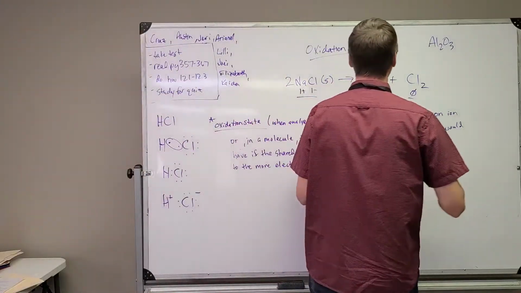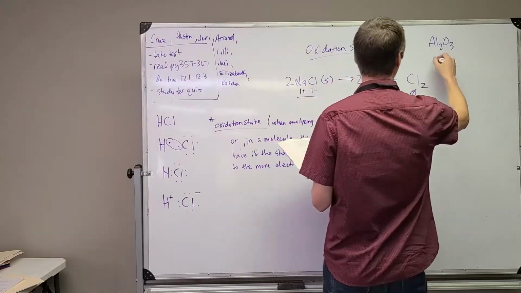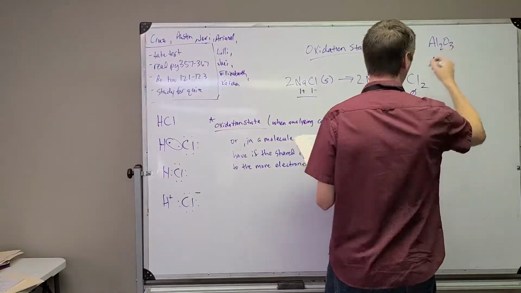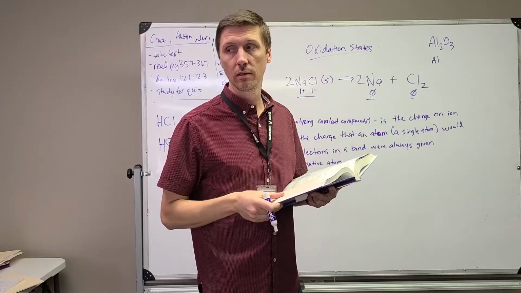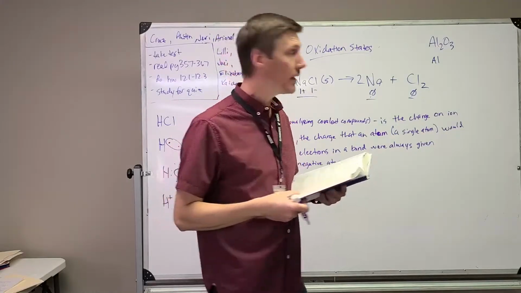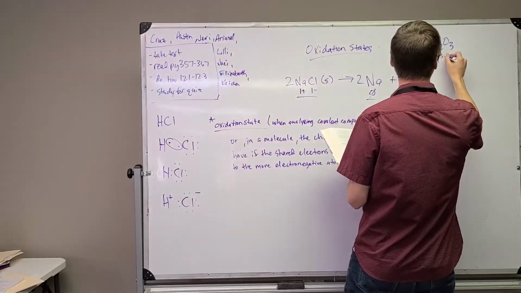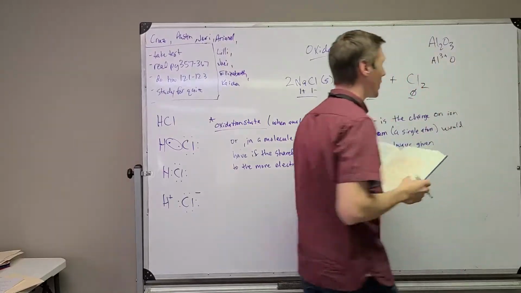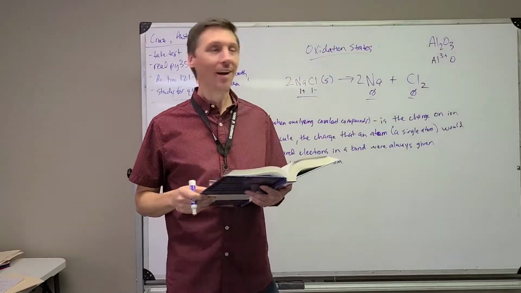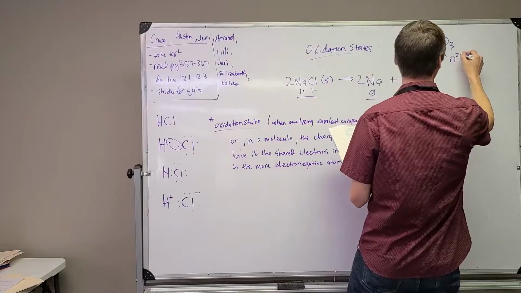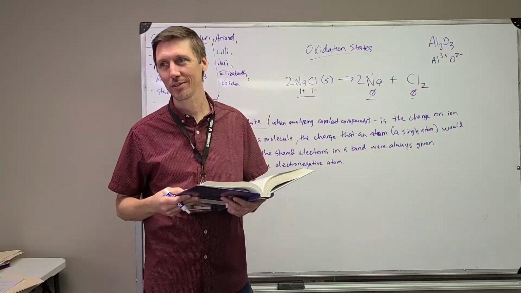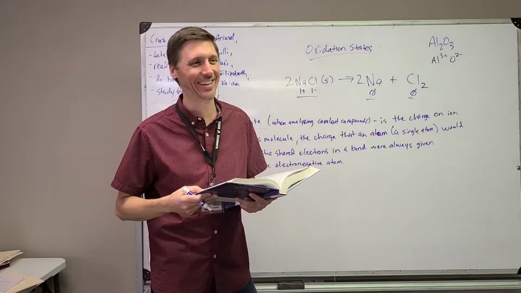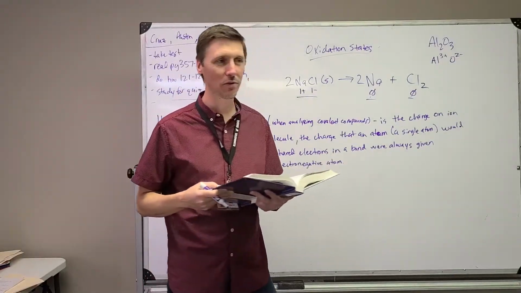Okay. So Al is in column 3A. Is that correct? Yeah, it is. How did I know that? O is in column 6A. I knew that too. How? Because I have the whole periodic table memorized, of course. No, I knew that because I did the reverse of swap and drop.